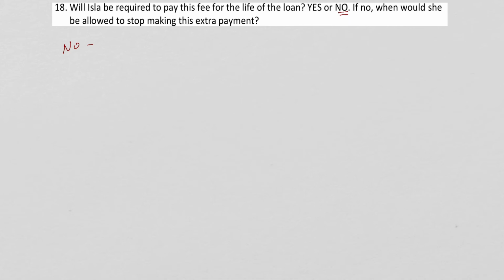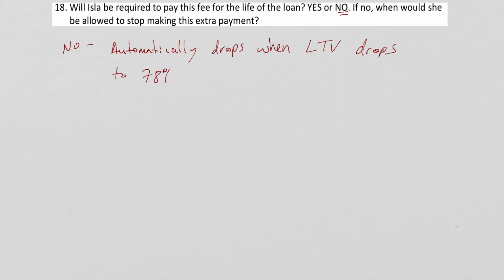In other words, the size of the loan is only 80% of the appraised value. But they're required to automatically remove it when the loan to value drops to 78%. Okay?